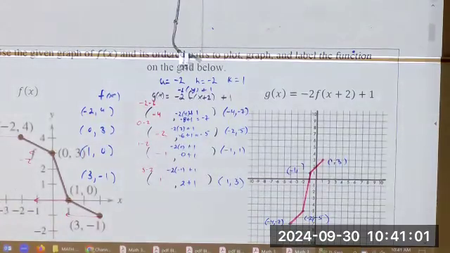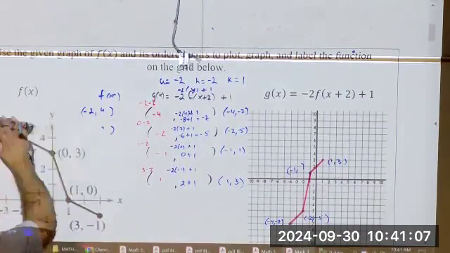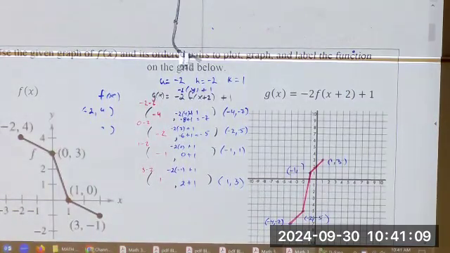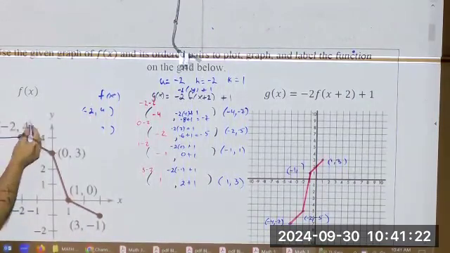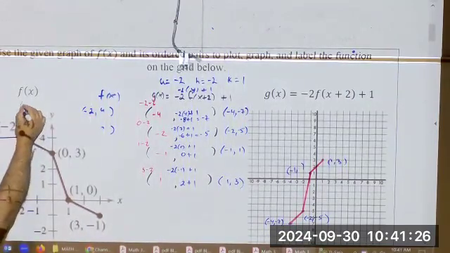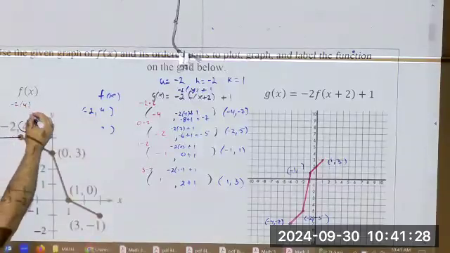Let's compare. This point right here got shifted 2 to the left. So instead of -2, it's over here at -4. Then you took the y value, that 4, and we multiplied by -2. So now we have -8.